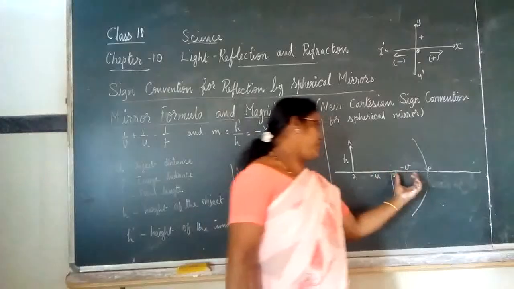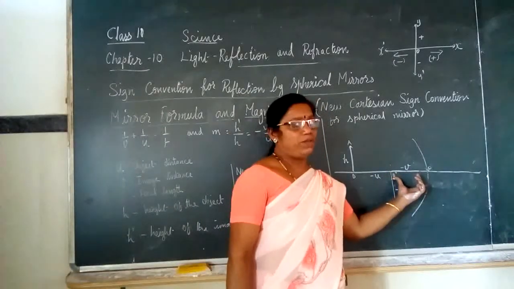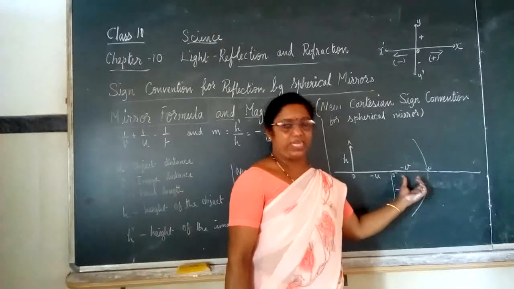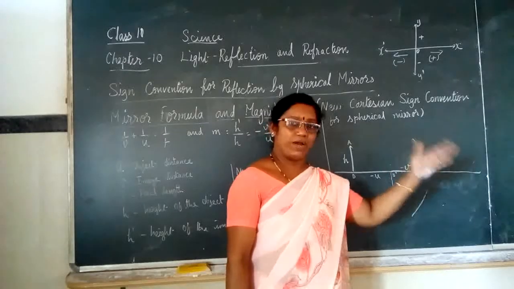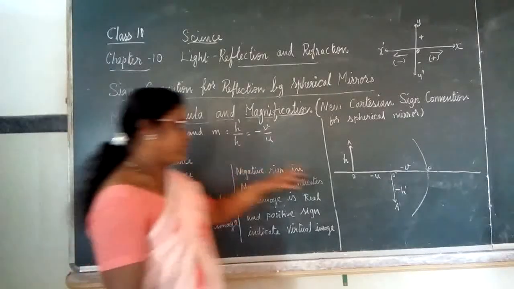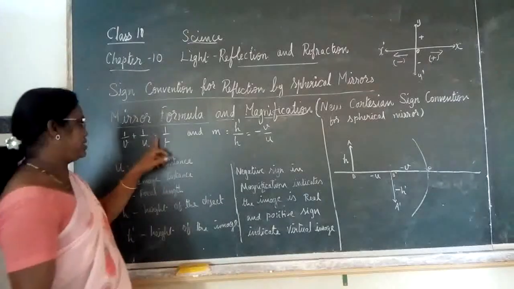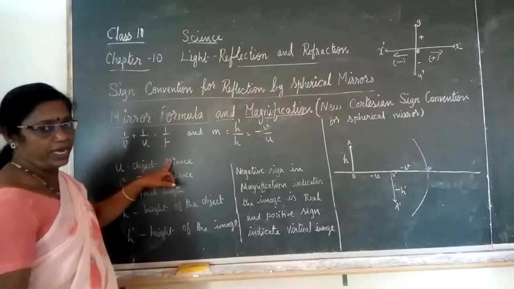Suppose if the image distance is 5 centimeter, what will be its reciprocal? If V is 5, you have to write 1 by 5. If U is 10, you have to write 1 by 10. That is equal to 1 by F.